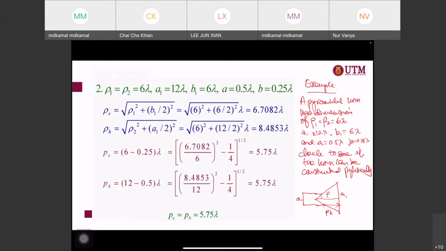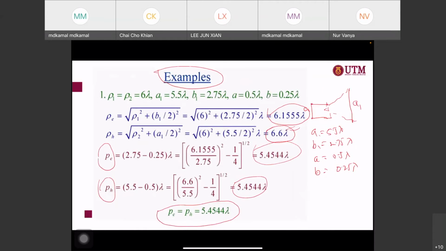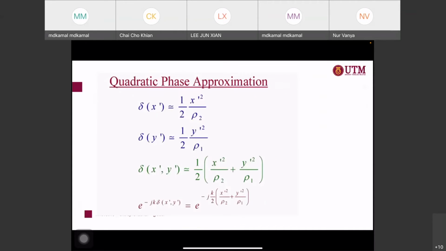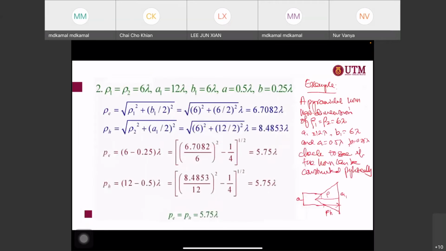This is for the H plane. So this is your P2 here. You want to find out the values of PH and PE. PH should be equal to your PE here, which is very important to construct the pyramidal horn antenna.